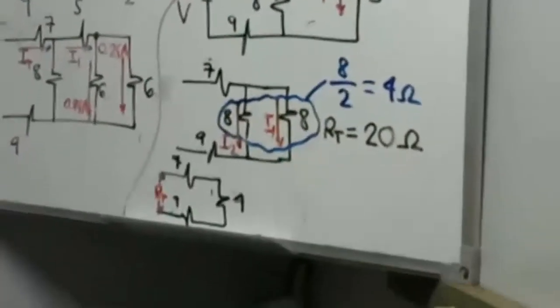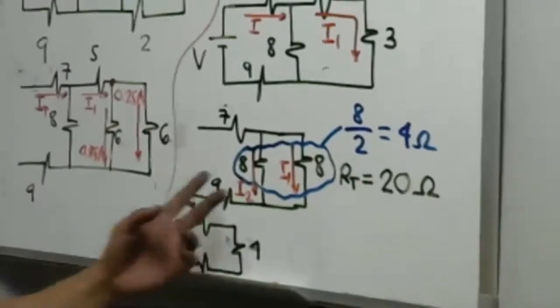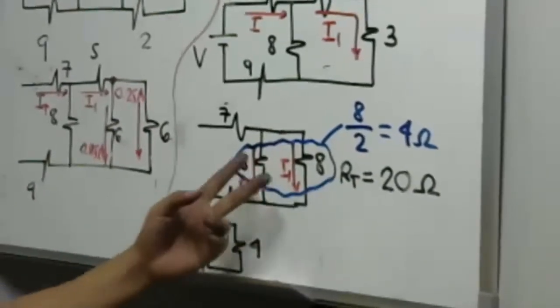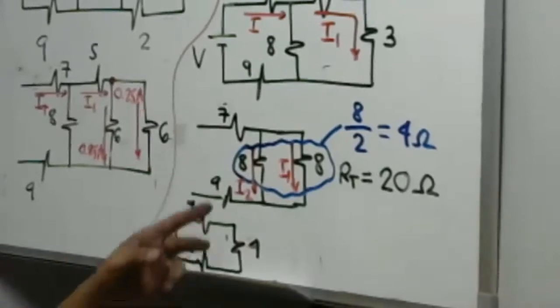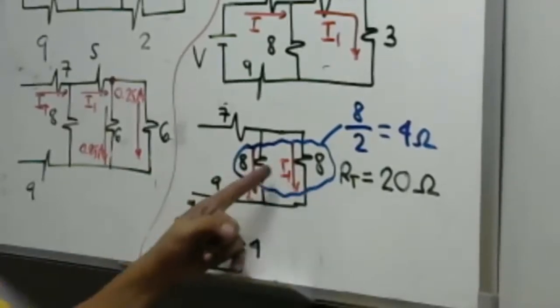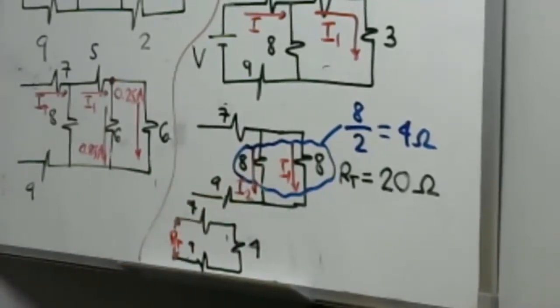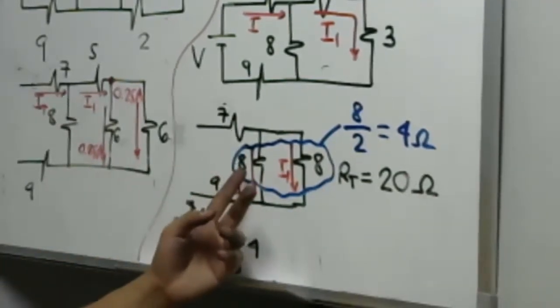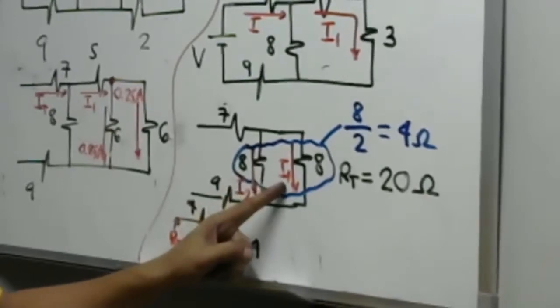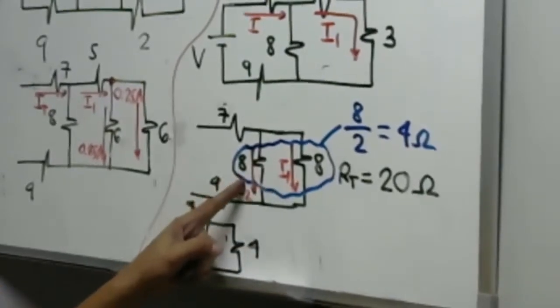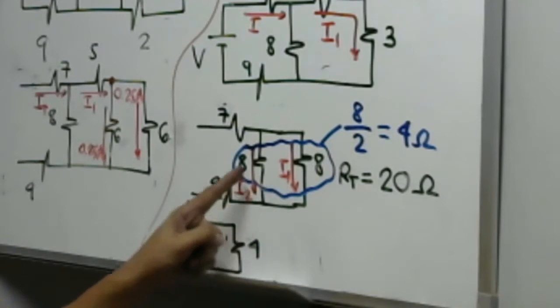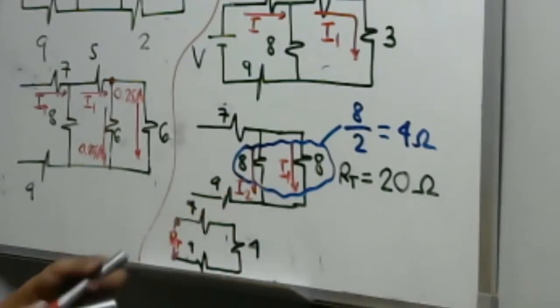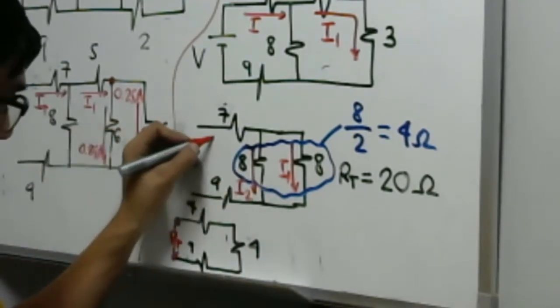They are just the same, based on the principle I taught you. Just like I've told you before, they have the same resistance in parallel, so of course, they have the same current flowing. If this is 0.5 ampere, this is also 0.5. So 0.5 plus 0.5, that will be your total current, isn't it?